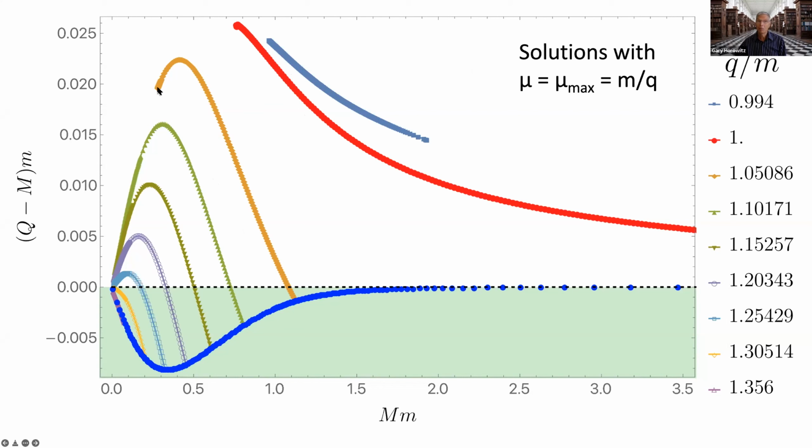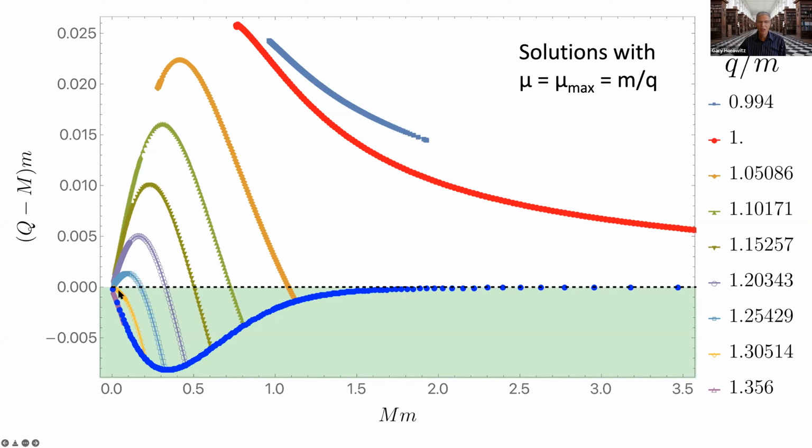The place where the minimum mass, as I said, quickly goes to 0. So as soon as Q over M is bigger than 1.1, there's no singular extremal limit. These are all non-singular extremal black holes with non-degenerate horizons. But you notice the maximum charge these black holes can carry is also shrinking.